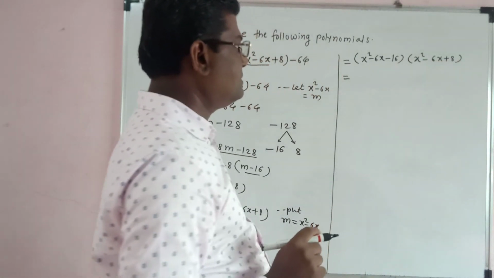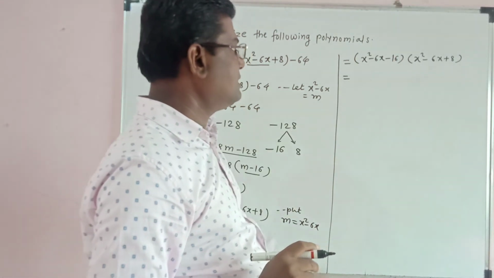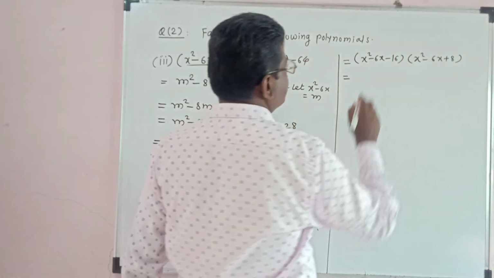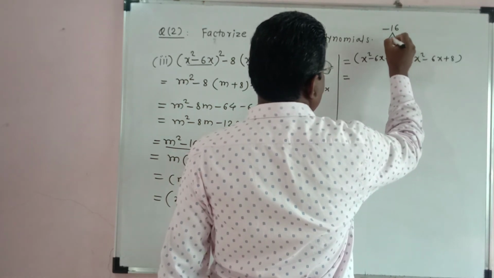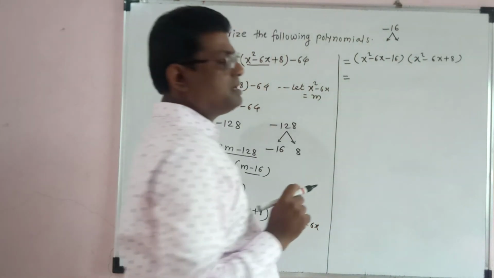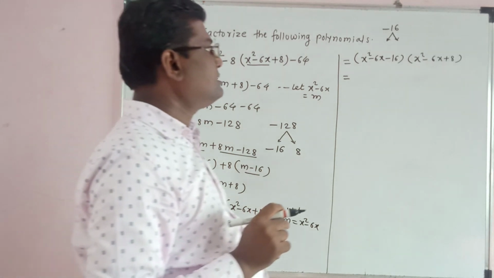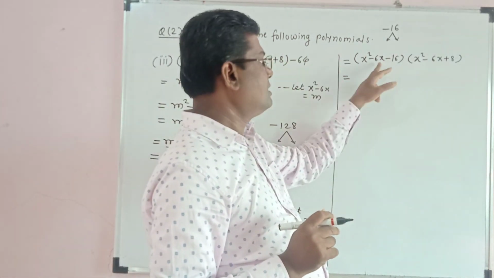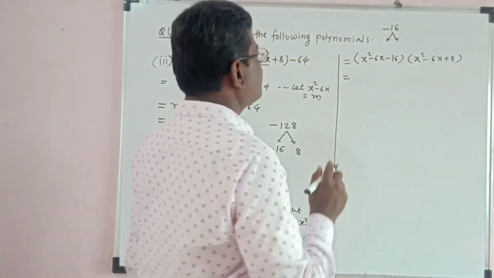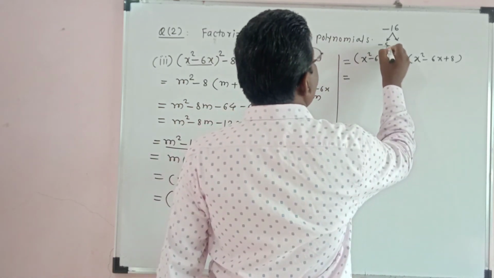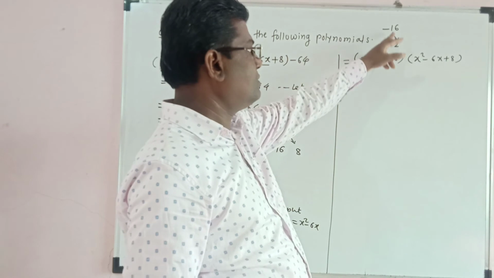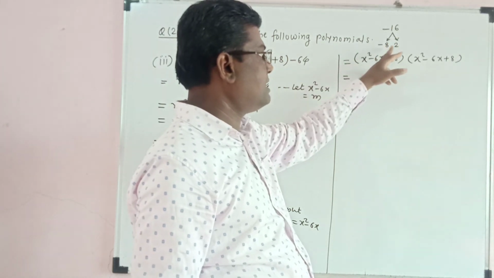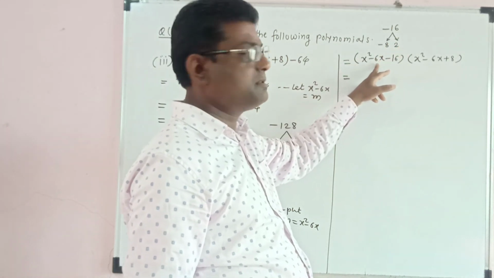Now split up this minus 16 into two numbers such that their multiplication is minus 16 and sum is minus 6. So the numbers are minus 8 and 2. Let's see, minus 8 into 2 is minus 16 and minus 8 plus 2 is minus 6.